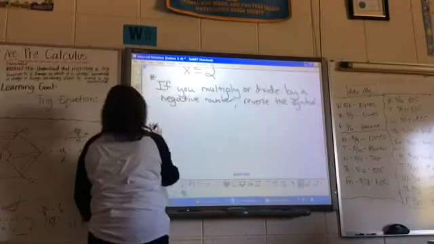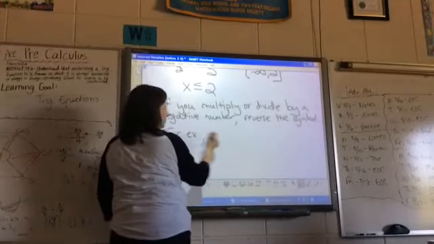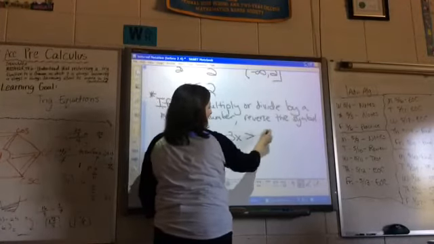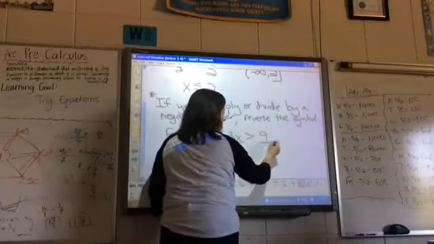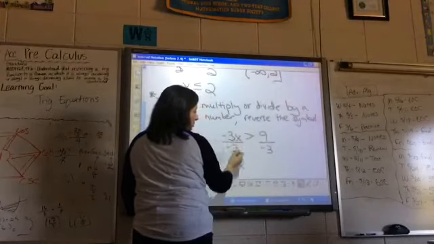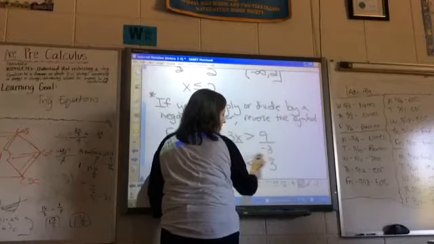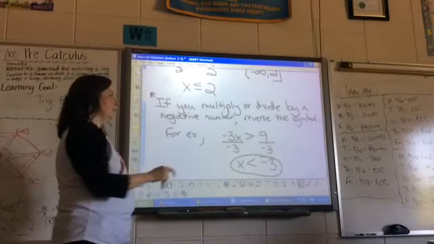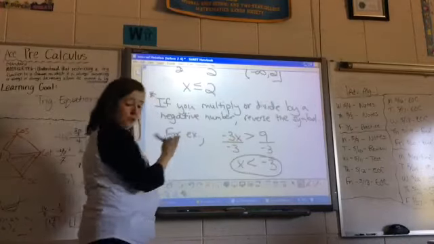So for instance, -3x greater than 9. I would divide by -3. x, reverse the symbol because we divide by a negative, and this will be -3. It doesn't matter that your answer is negative. It only matters that you're multiplying or dividing by a negative to do that. So watch for that.